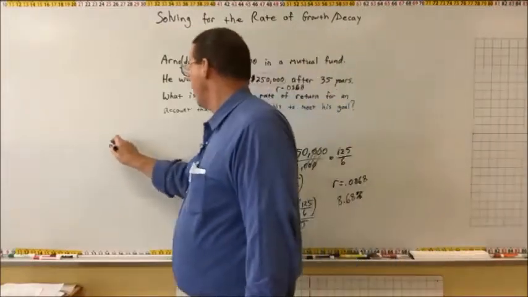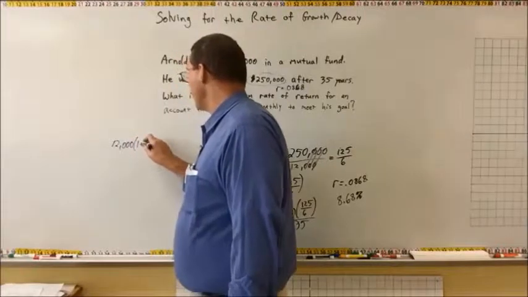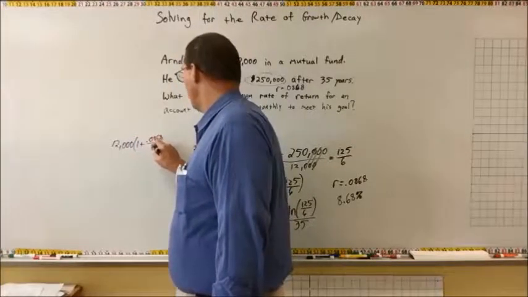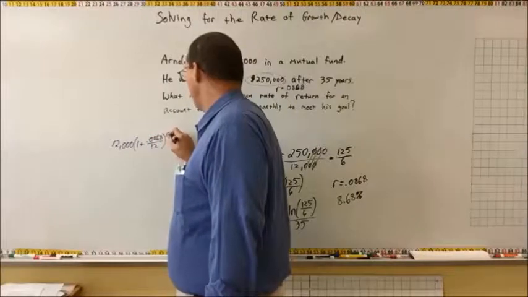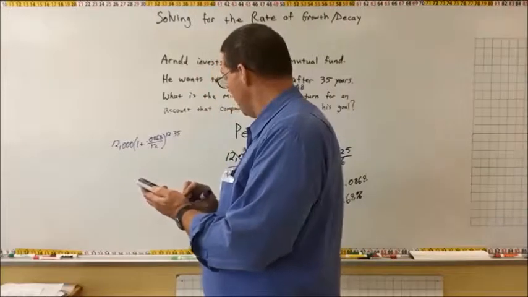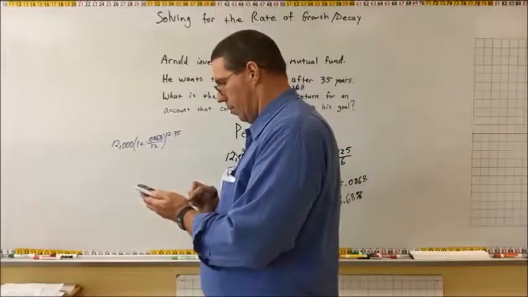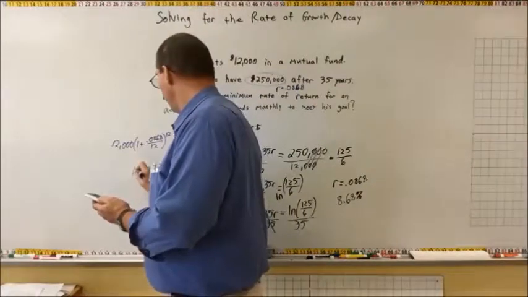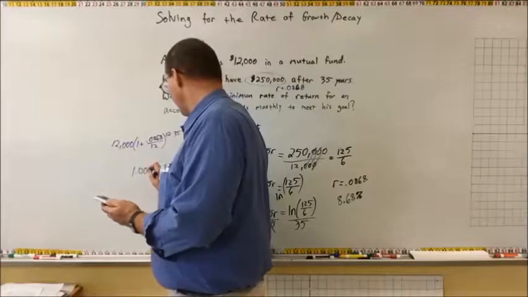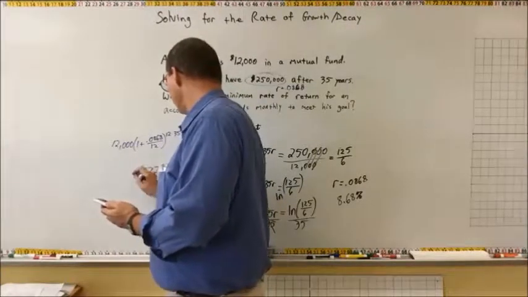So we'll do 12,000 times 1 plus the rate, 0.0868, over 12, to the power of 12 times 35. So 1 plus 0.0868 divided by 12 is equal to 1.00723.